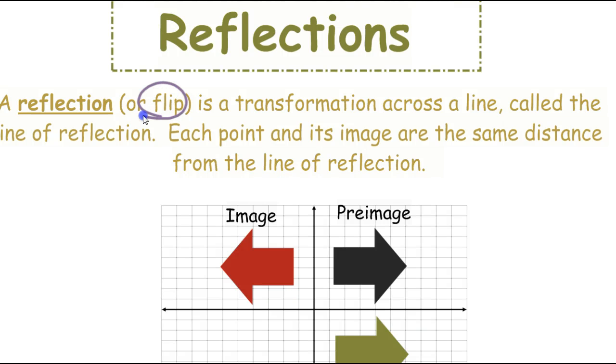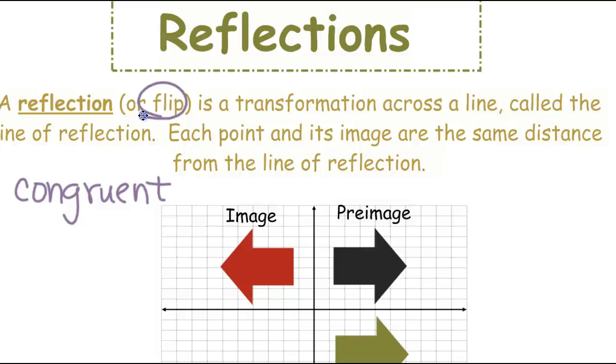And then in the other blank, write the word congruent. The image, even though you're changing the orientation, is still congruent to the pre-image. You're not changing the size, and you're not changing the shape.